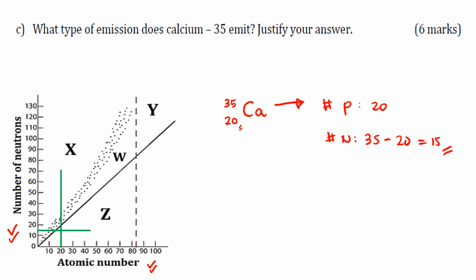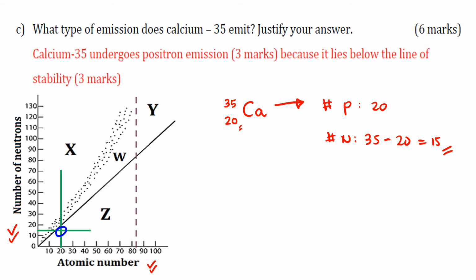The intersection would mean the location of our calcium-35, and it is actually below the band of stability. Therefore, calcium-35 will undergo positron emission because it lies below the band of stability. Once again, remember that anything that lies below the band of stability is unstable and will undergo positron emission.